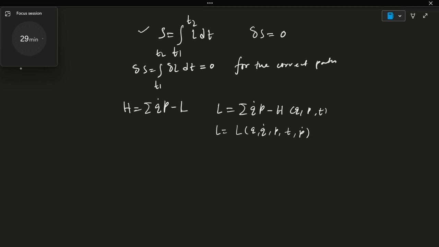I know that there will be no p dot, but I'm considering p dot so that it helps in the calculation. This can help you visualize the formulation of the Hamiltonian from the variational principle. That's all. So let's start.